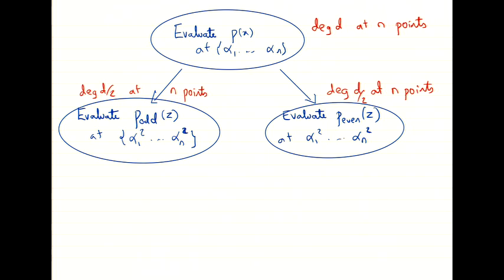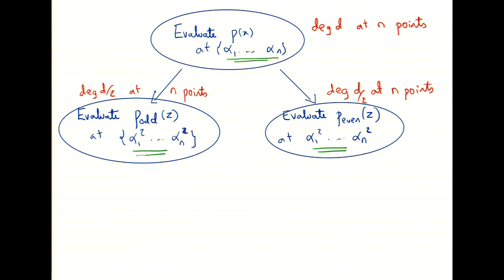You see that the points of evaluation, if you start with trying to evaluate the polynomial at alpha 1 through alpha n, you end up with the problem of evaluating a different polynomial at the squares. Okay? So if you could ensure that the number of different squares is smaller, then the set size goes down.